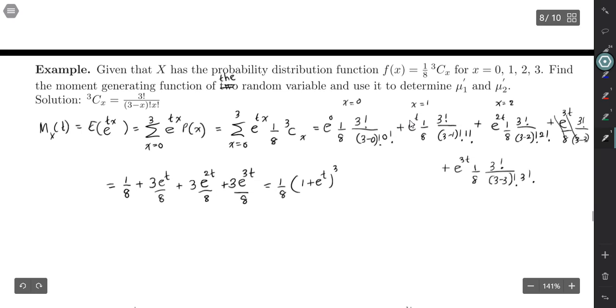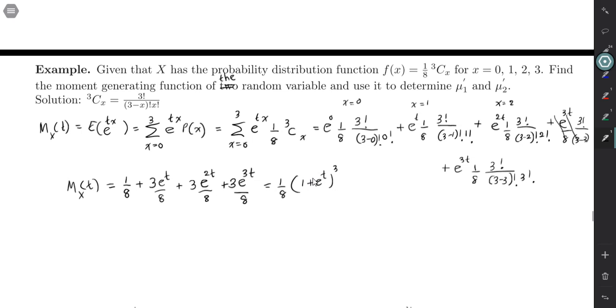This is the expansion of the cube of the sum of two terms, so it is (1 plus e to the t) whole thing to the power 3. Okay, so here's our M_X(t). Now we have a nice simple expression.